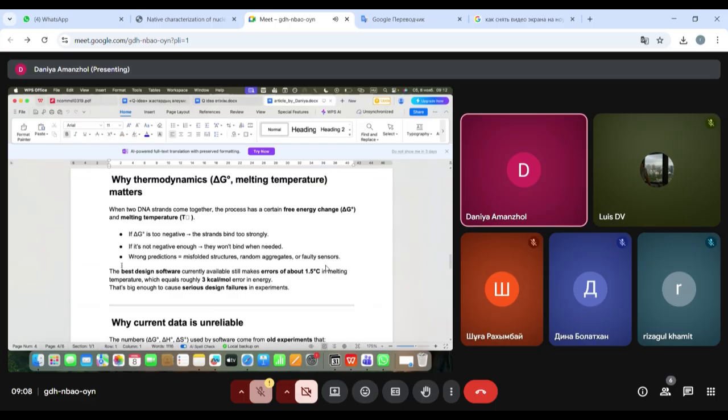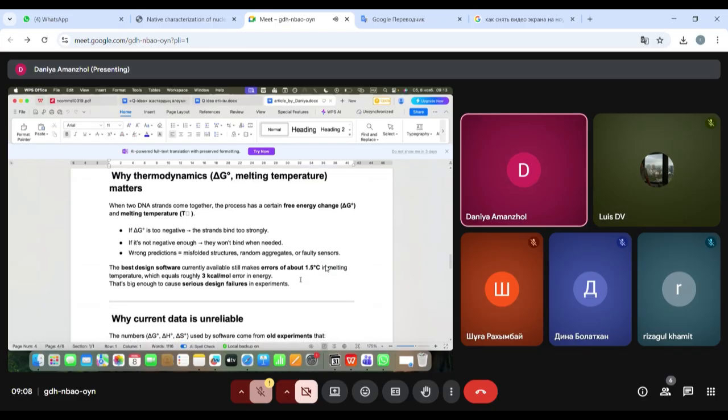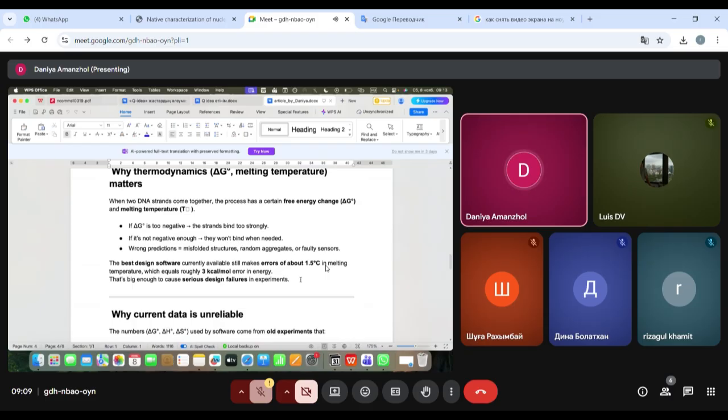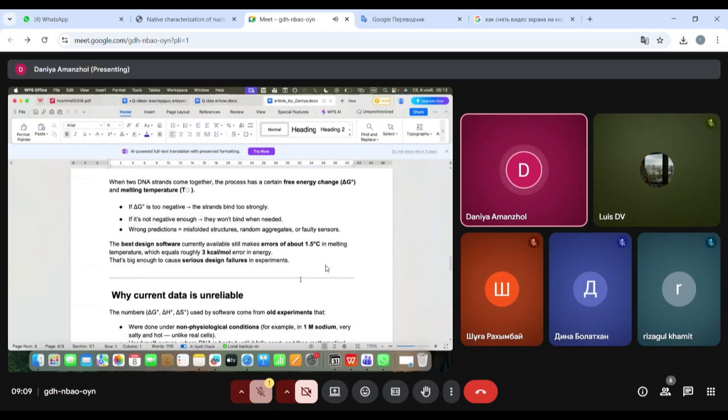It is stated here that the errors are about 1.5 degrees, which equals 3 calories per mole of energy error, and that is pretty high to use those statistics in the above mentioned areas, because it's highly prone to errors.